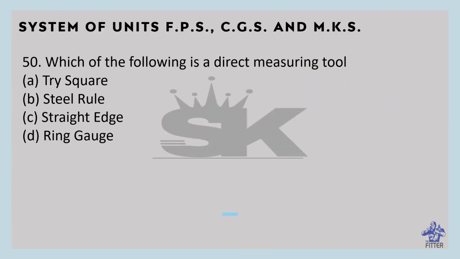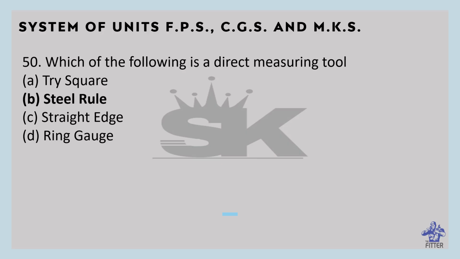Which of the following is a direct measuring tool? That is steel rule. Direct measuring tool means it determines the actual dimension and size of a workpiece. For example, direct measuring tools are steel rule, vernier caliper, micrometer, protractor.